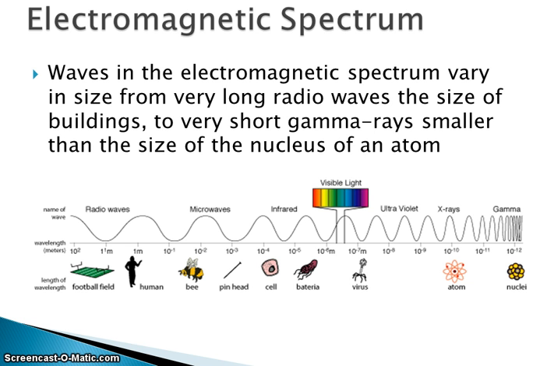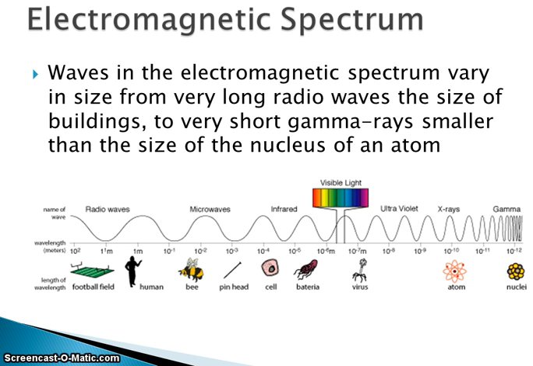As we move along and we get down to microwaves, we're looking at wavelengths on the order of 1 times 10 to the minus 2. Now, to put that into perspective, it's about the size of an insect. If we look at infrared rays, we're looking at on the order of 1 times 10 to the minus 4, and now we're looking at the size of cells.